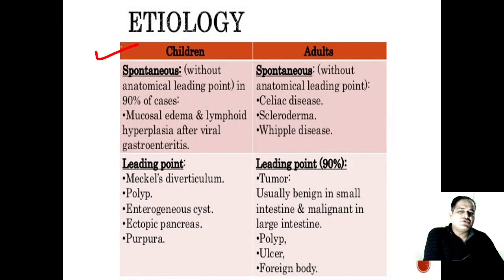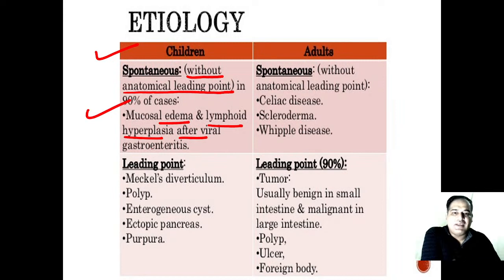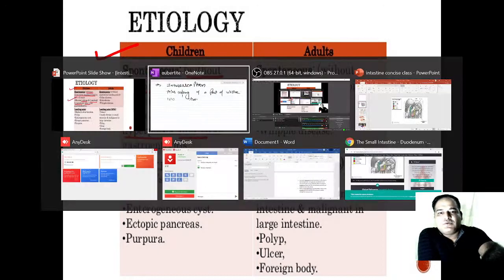Fine. So it is common in children, and in children it will occur without an anatomical lead point. Most of the time it occurs because of mucosal edema and lymphoid hyperplasia, that means hypertrophied Peyer patches.